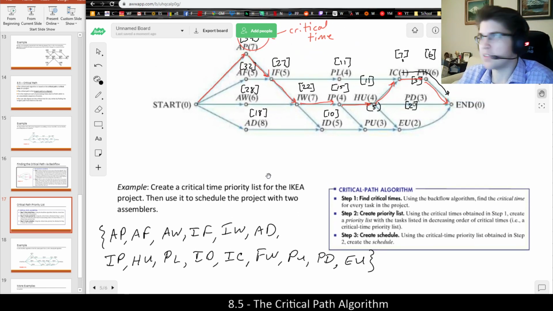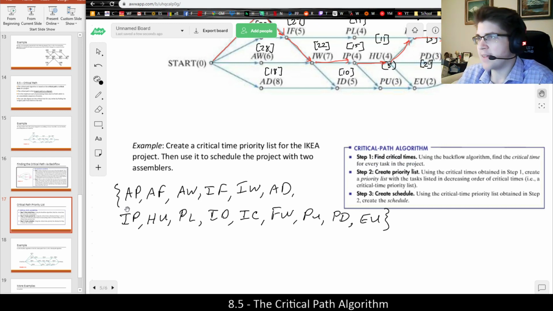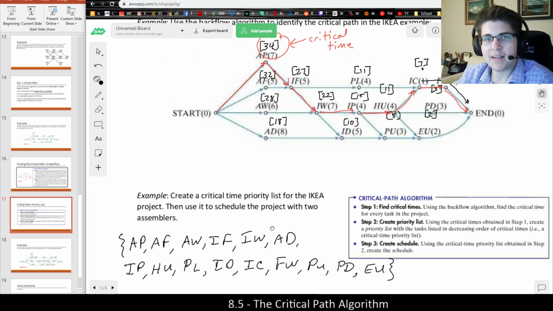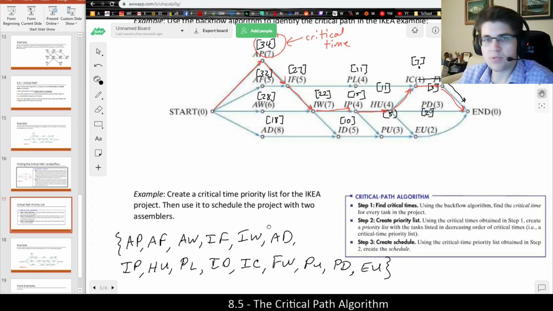Again, we want to make sure we have all the tasks. Might be a good idea to count your tasks to make sure you have them all. We have 15, assuming I didn't miss any. Cool. Good to go. Now I have my priority list. I have my digraph. So I should be ready to schedule this.